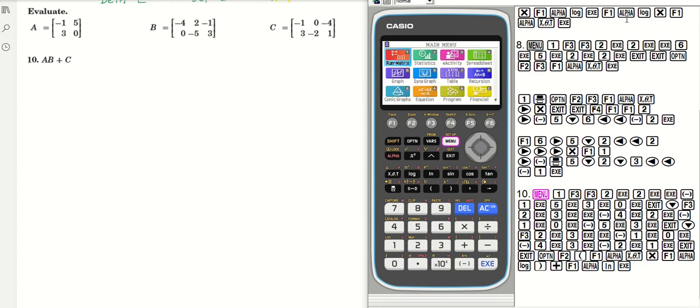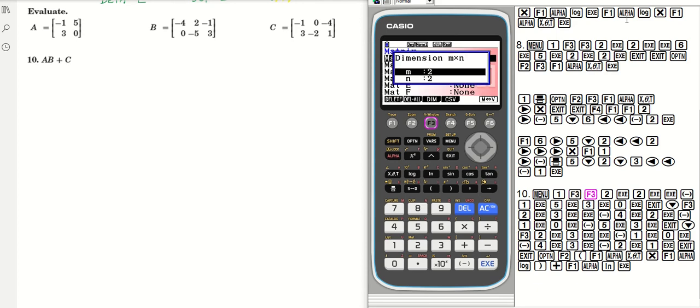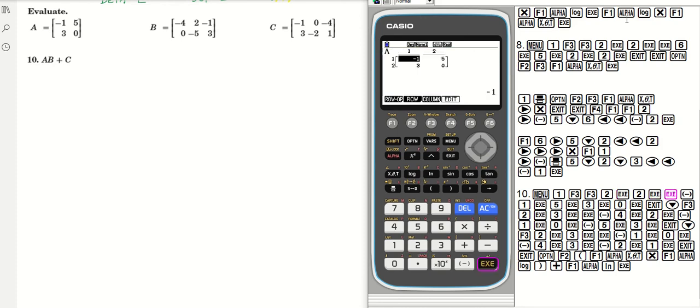First, press Menu 1 and then enter the elements of matrix A by entering the dimension 2 by 2. And then enter the elements, which are negative 1, 5, 3, and then 0.